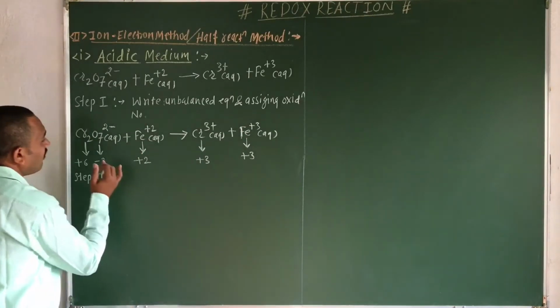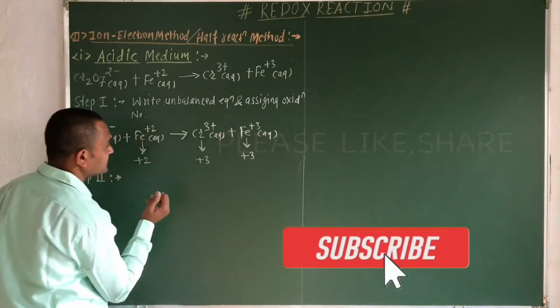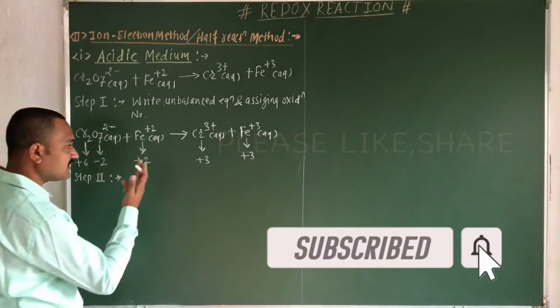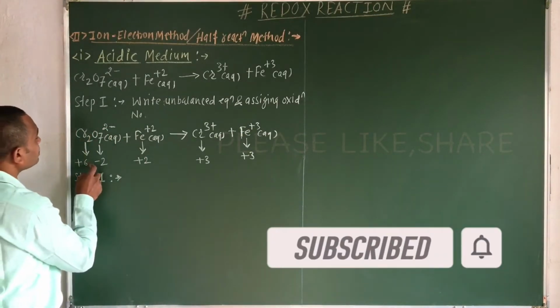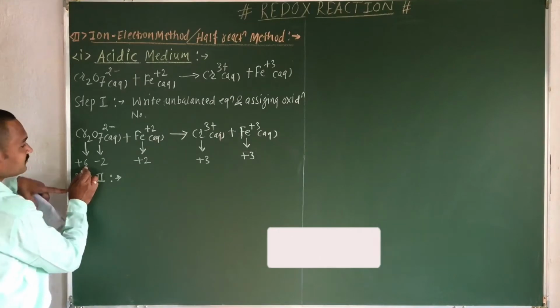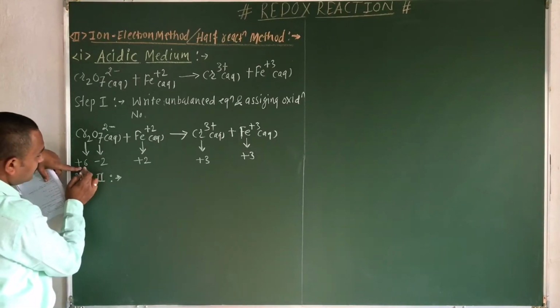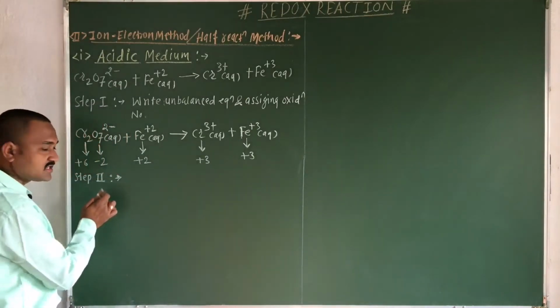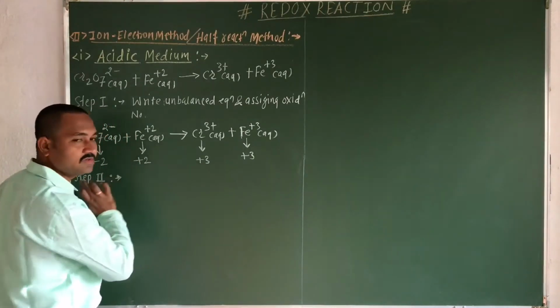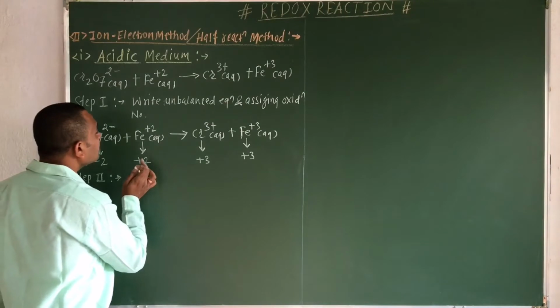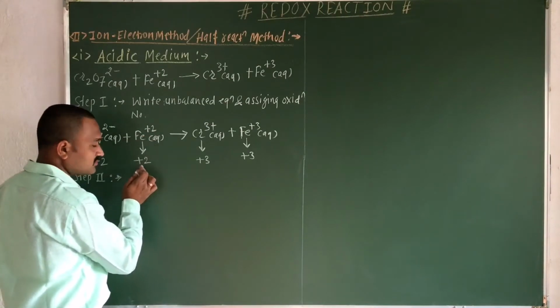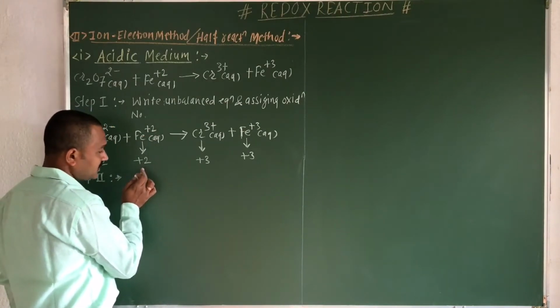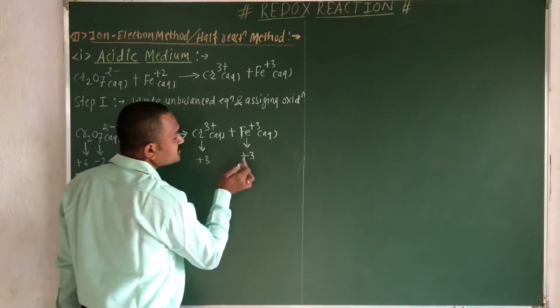Now identify the oxidation reaction and the reduction reaction by taking the reference of our step one. Obviously we know that here chromium's oxidation number changes from plus 6 to plus 3. As there is a decrease in the oxidation number, this will be your reduction reaction. In Fe plus 2 the oxidation number is plus 2, and it changes to plus 3.